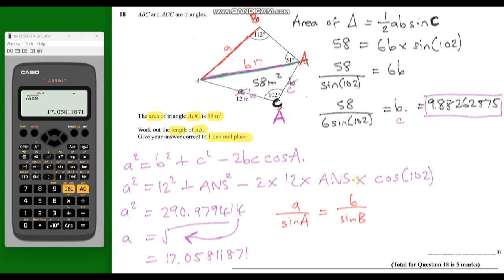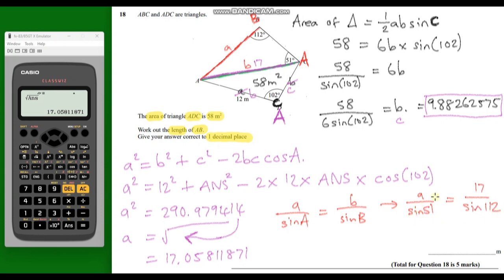So what do we have? Well, the only thing we need to calculate is a. So we've got a over sine A, so that's sine of 51. That is equal to b, which is 17, over sine of B, which is 112.